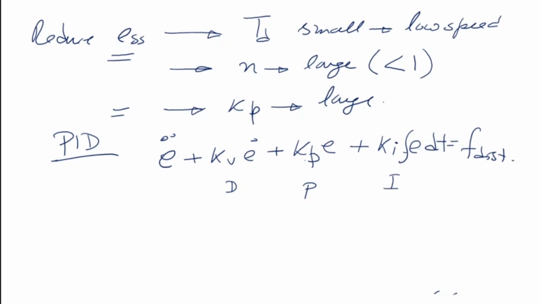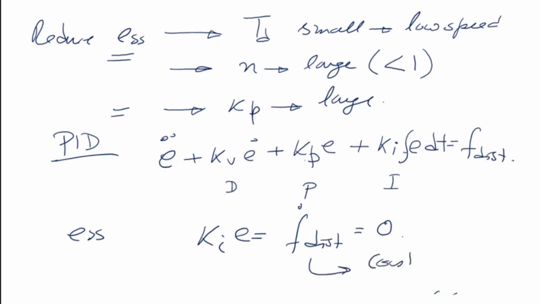So what we can see here is that in the case of steady state error, once it has reached the steady state position, Ki into E is equal to F disturbance, which is equal to 0, because we are making the assumption that this is a constant disturbance.